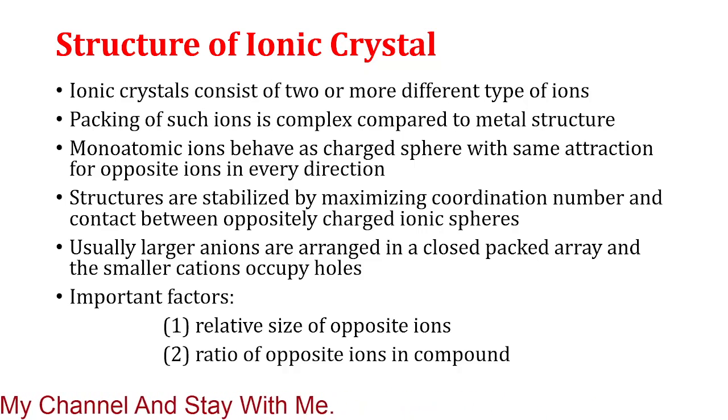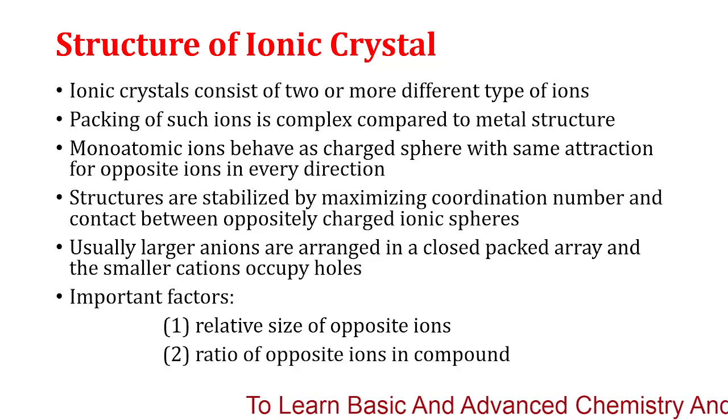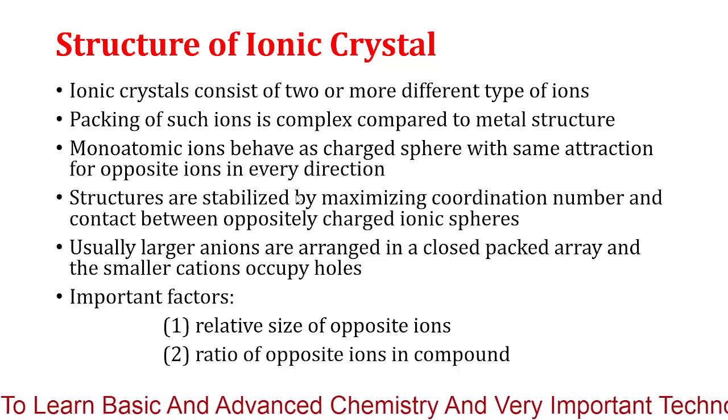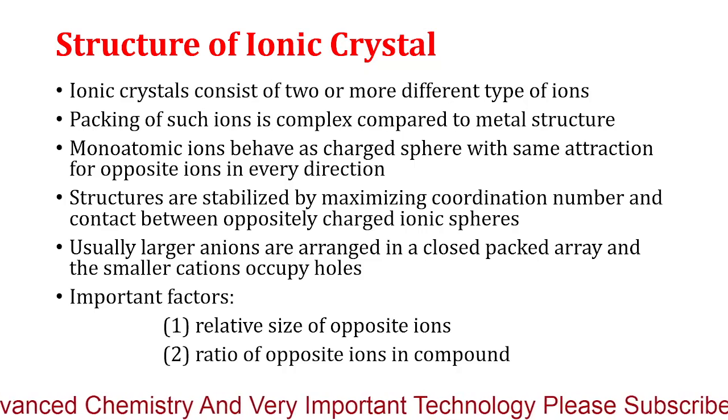Therefore easily we can calculate the radius and the density, because if we know the type of the crystal then we can easily calculate the density or the radius or length of the crystal. But now in case of ionic crystal we will have different types of atoms.